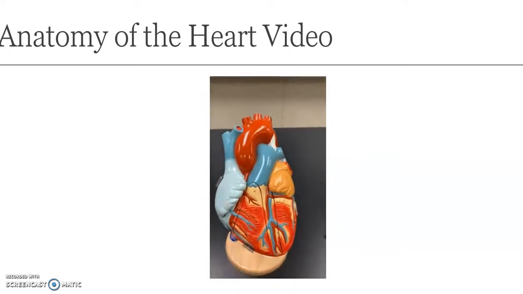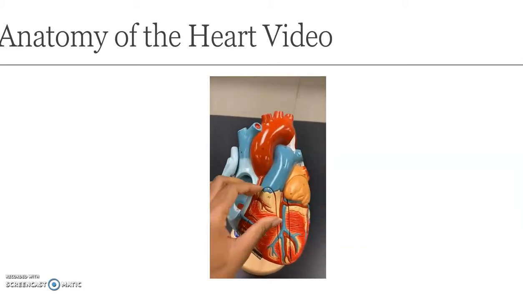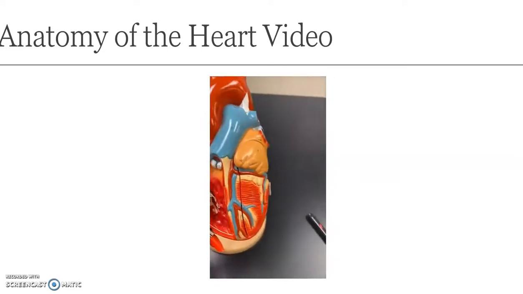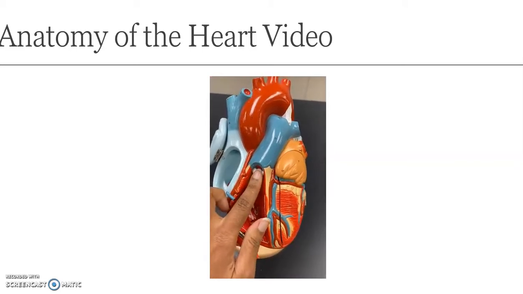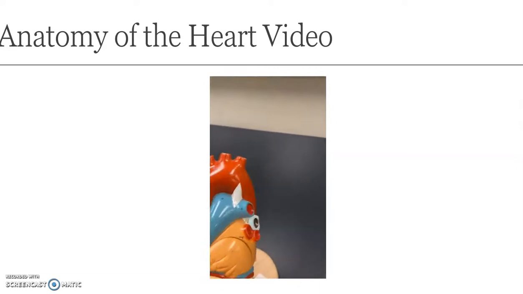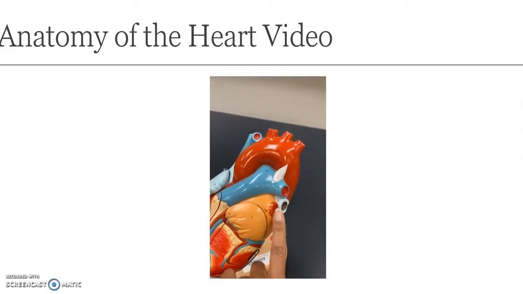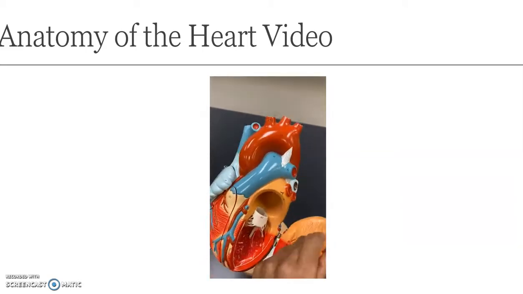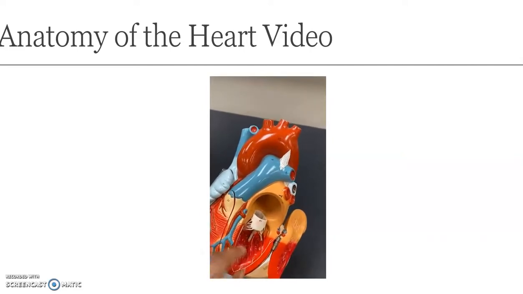So let's just go over it again. The right atrium, the right ventricle, which is separated by your tricuspid valve, your pulmonary valve, your pulmonary trunk. Then we have blood that is going to travel to the lungs. It is going to return back via these veins here, pulmonary veins, and it is going to enter into your left atrium, your left ventricle.